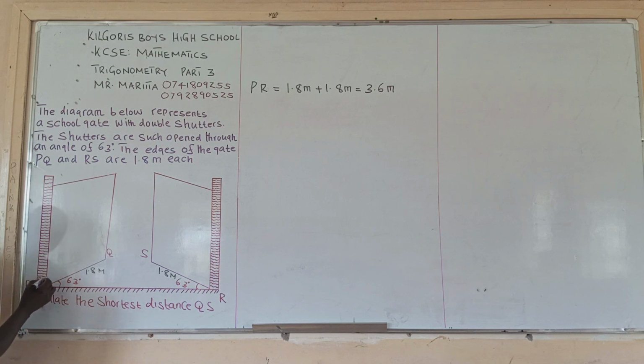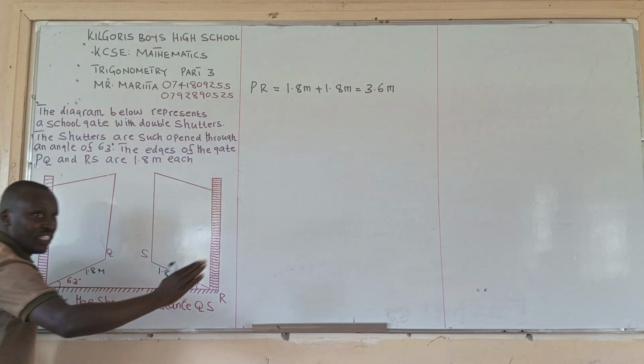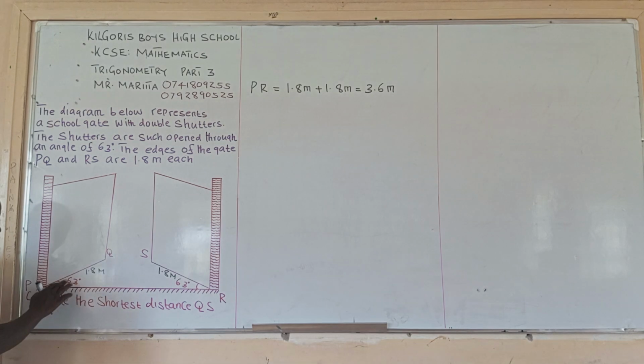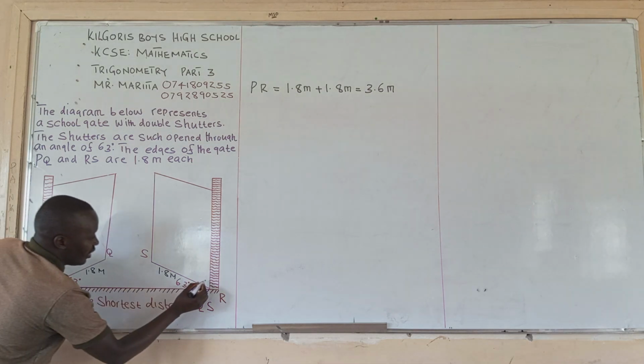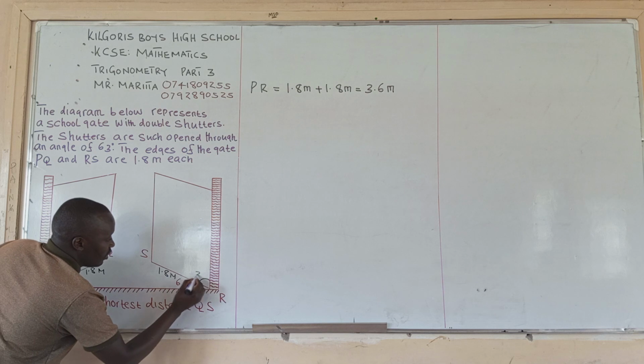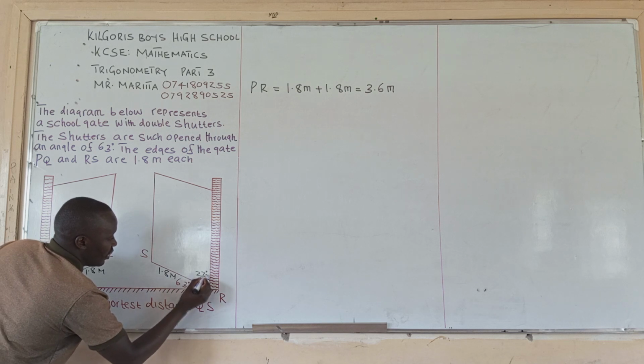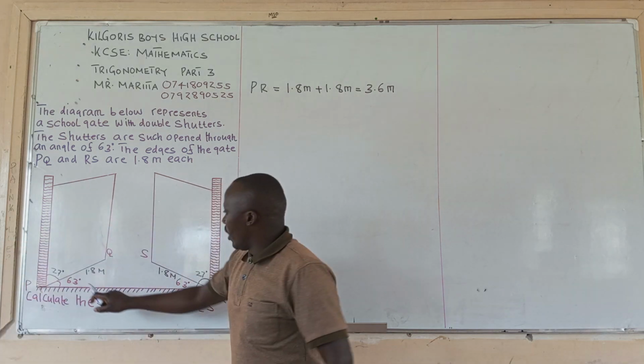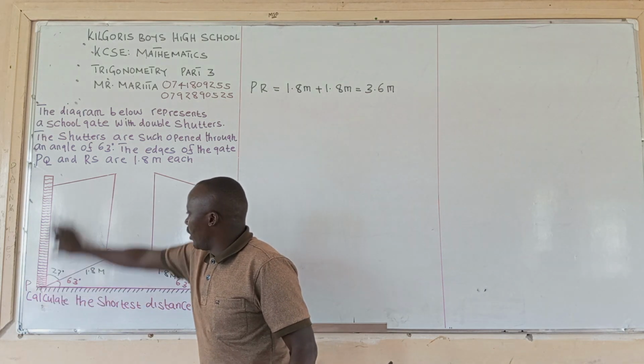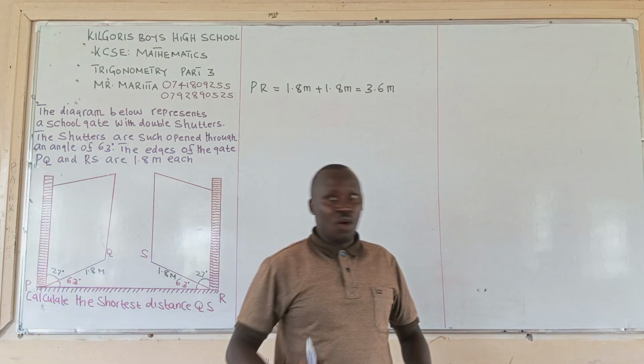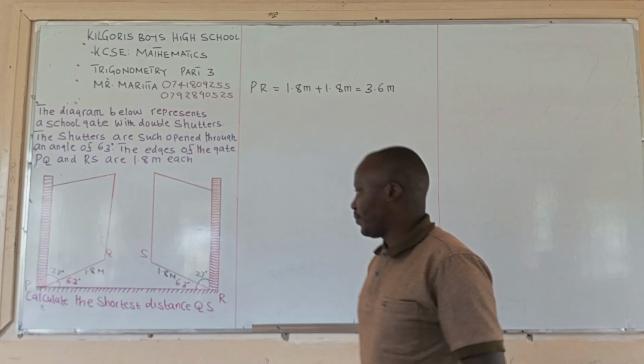Now when you open the shutter through an angle of 63 degrees, this one is represented by 27 degrees, and this one here is 27 degrees, such that the shutters and the pier make an angle of 90 degrees.